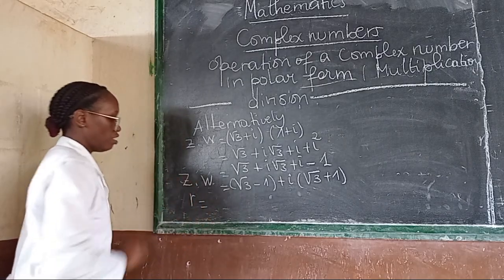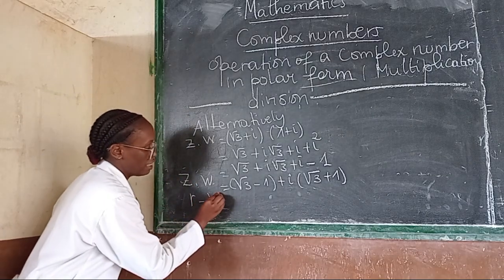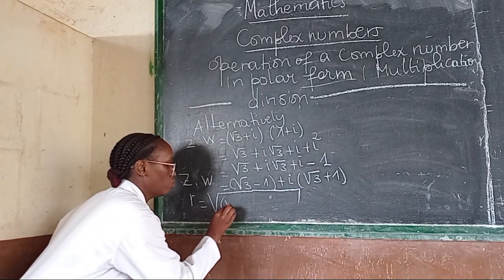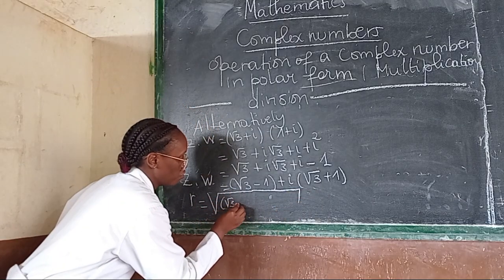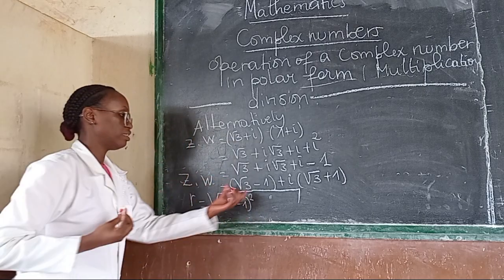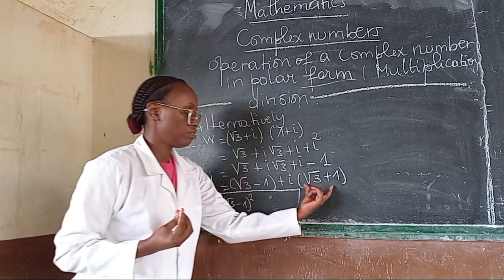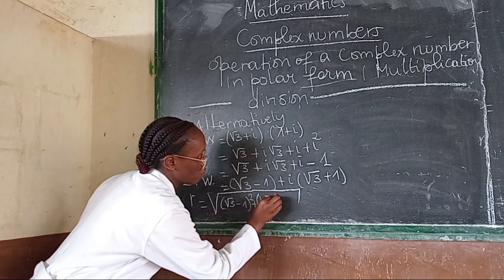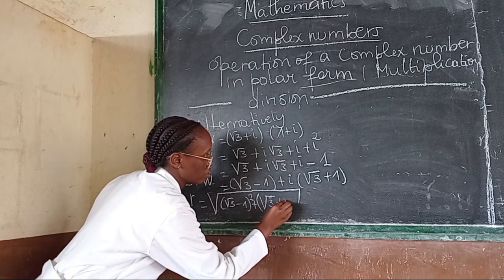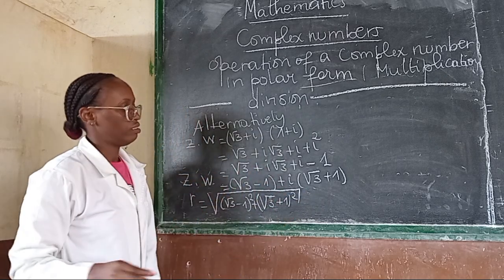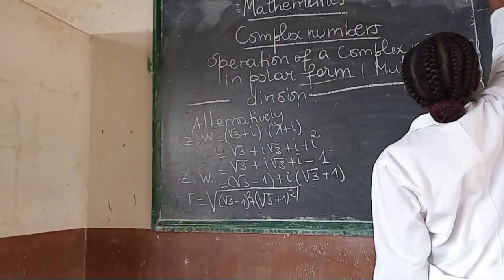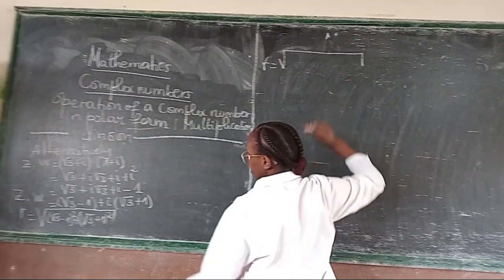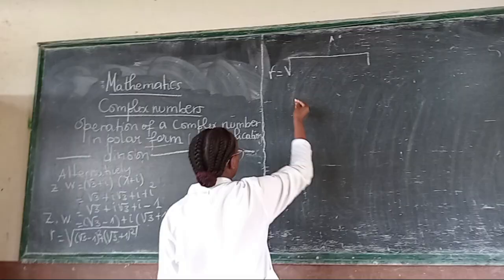So the modulus will be equal to square root of 3 minus 1 squared. We consider this one as A and we consider this one as B, plus square root of 3 plus 1 squared. So from this step, our modulus will be equal to what? We are still having the square root. We are going to expand what we have inside.